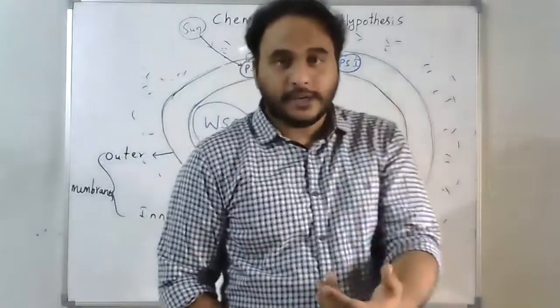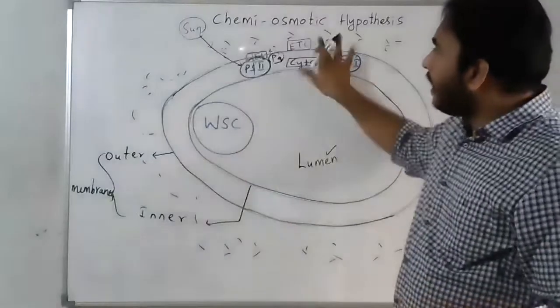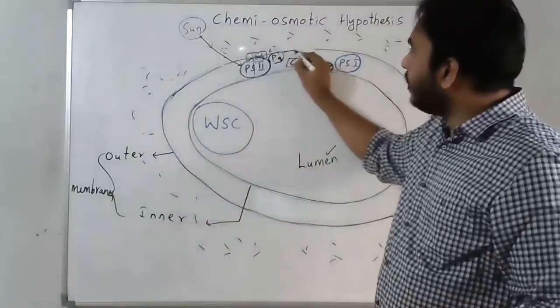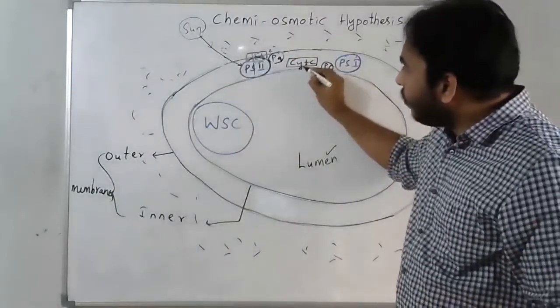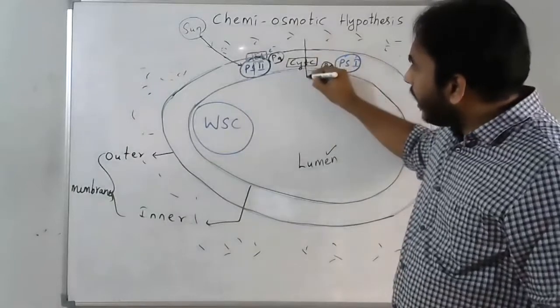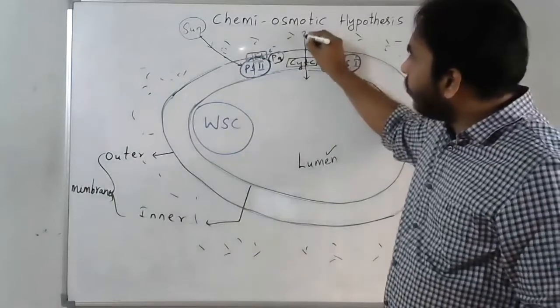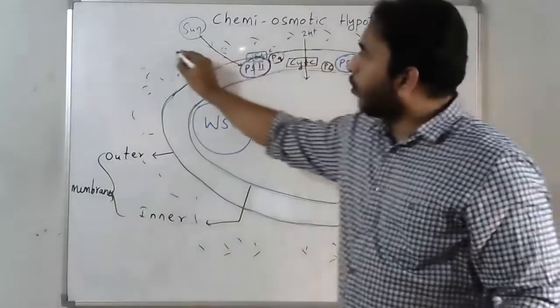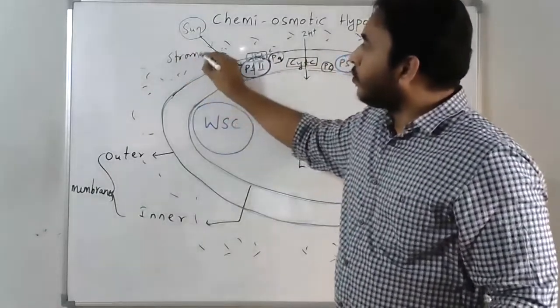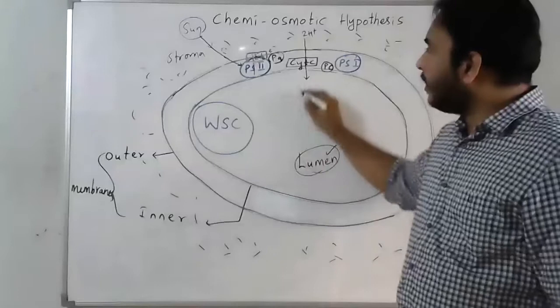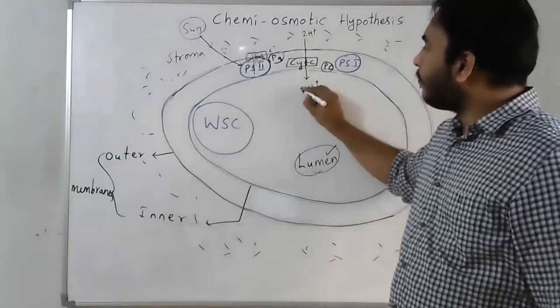energy is derived. And by using that energy, the cytochrome is going to pump protons from the stroma into the lumen.